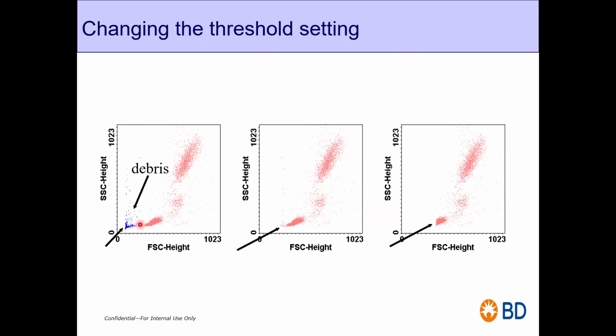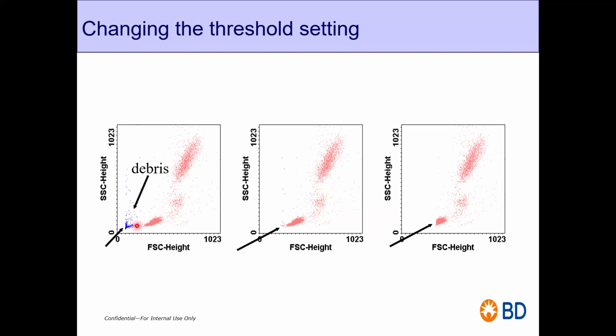So this is your debris. I gave a threshold of, let's say, some amount through which this debris got removed. But I have to be very careful so my population of interest won't get lost. If I give a higher threshold, it will take away my population of interest as well. Let's say you tell your machine to record 10,000 events, out of which some 2000 events are coming from your debris, and that is a waste.